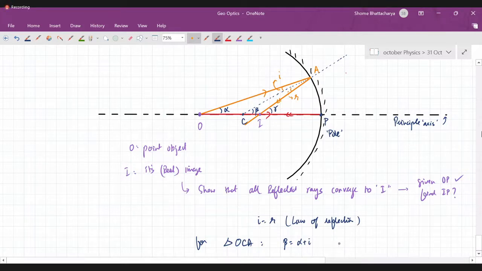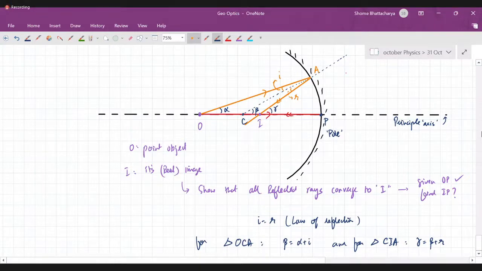And similarly, for triangle CIA, gamma will become the sum of beta plus R. Make sure you understand these two equations that we have written.